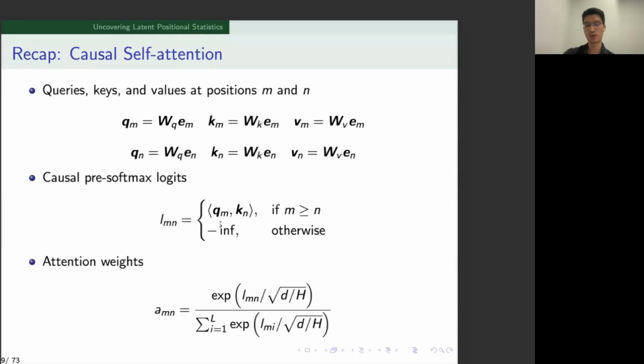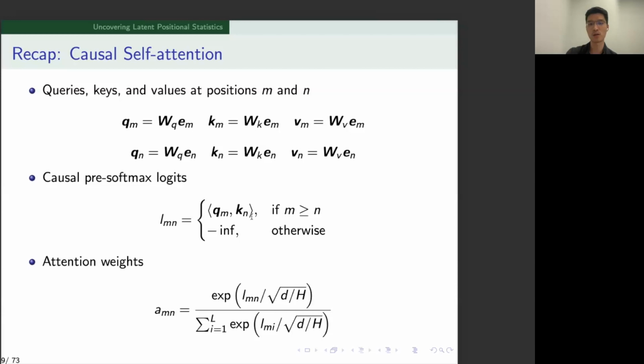Okay, so this is a quick recap. This is how we compute causal self-attention. By causal, I mean we have the causal mask to prevent one token from looking at future tokens. First, we perform some linear transformation on the input embedding to get the query and key vectors at two positions, m and n. Then we compute the pairwise correlation, as shown here, q_m transpose k_n.